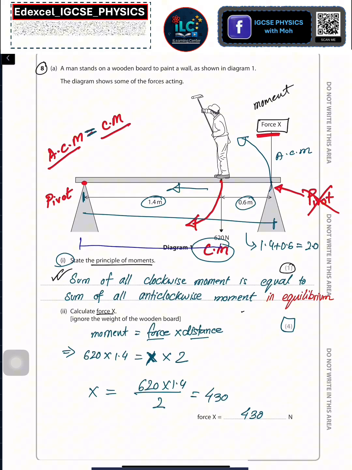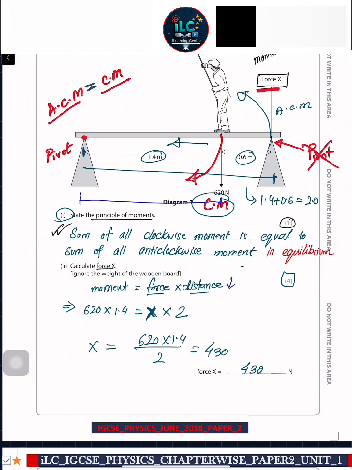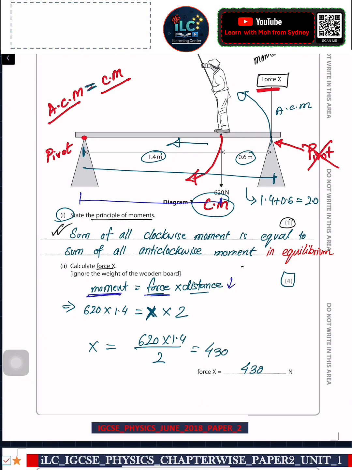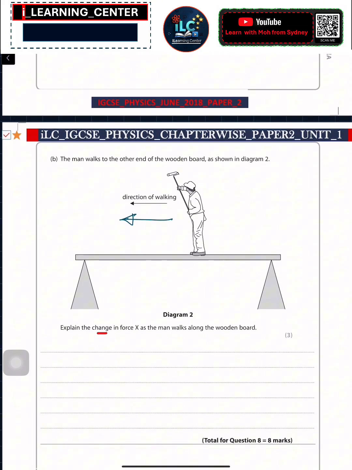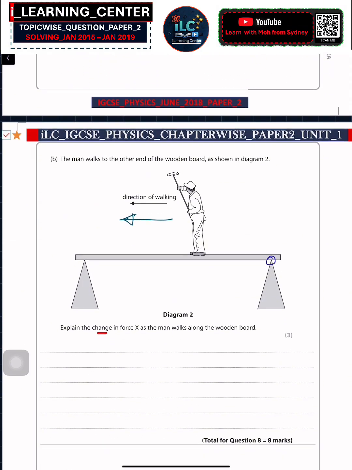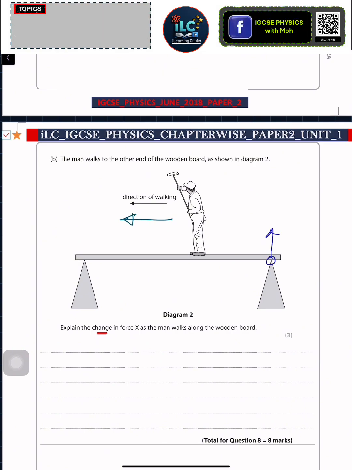This distance will decrease, and if the distance decreases, then obviously your moment will decrease because your force is constant, your force is not increasing. So what is the effect on this force? You don't need to create extra forces. So the first thing we'll say is that this force X will decrease.